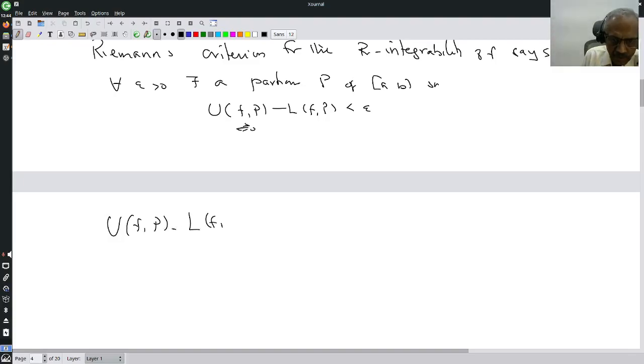What is this? U(P) - L(P) is equal to the summation of (capital M_i minus small m_i) times (x_i - x_{i-1}), i equal to 1 to n.